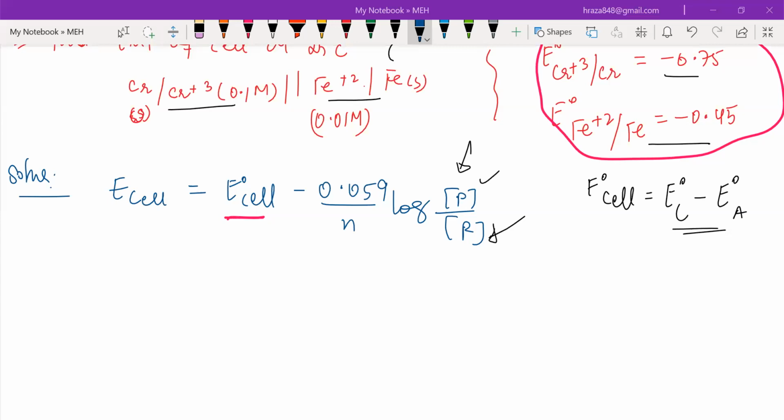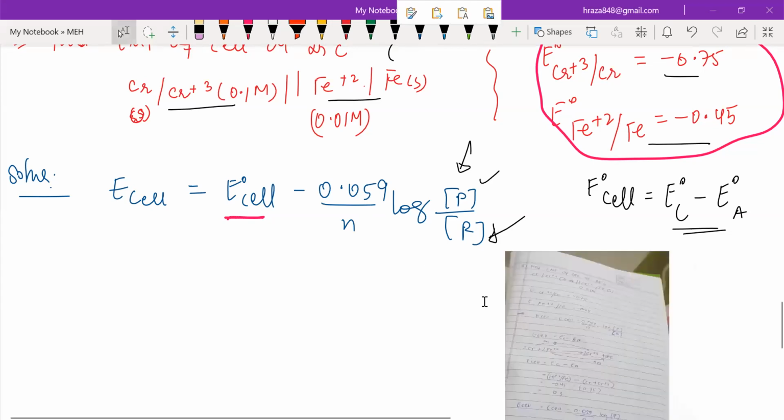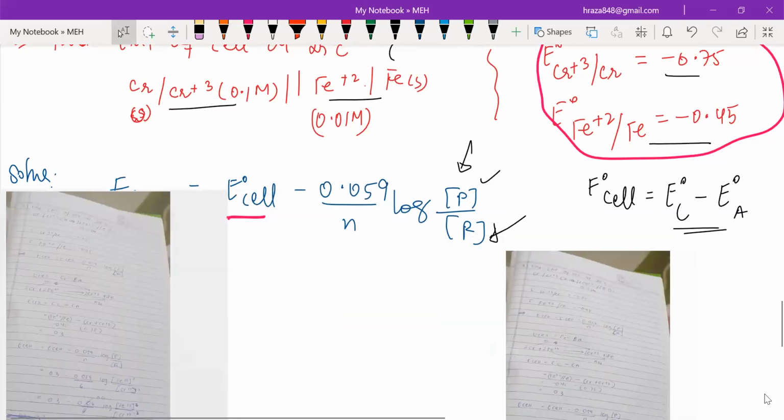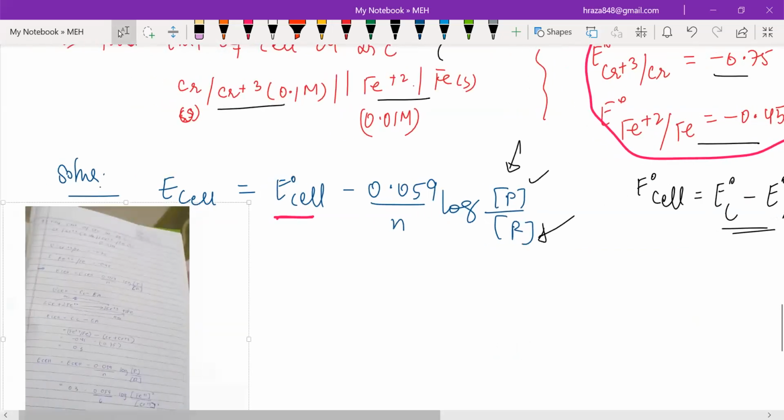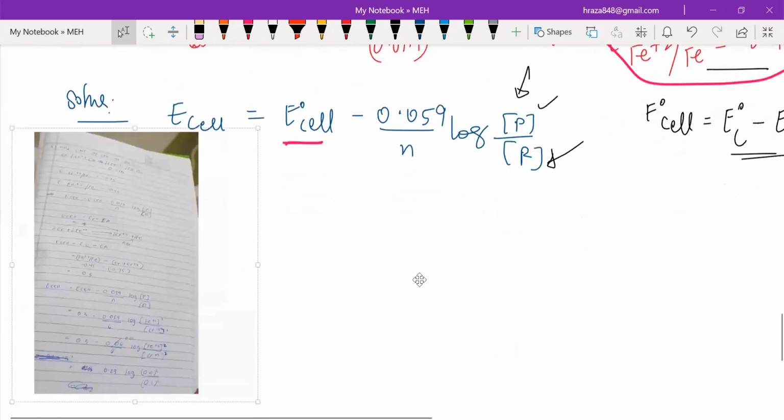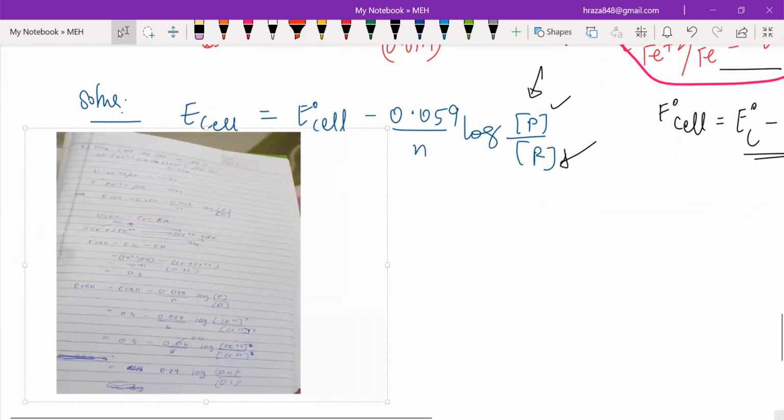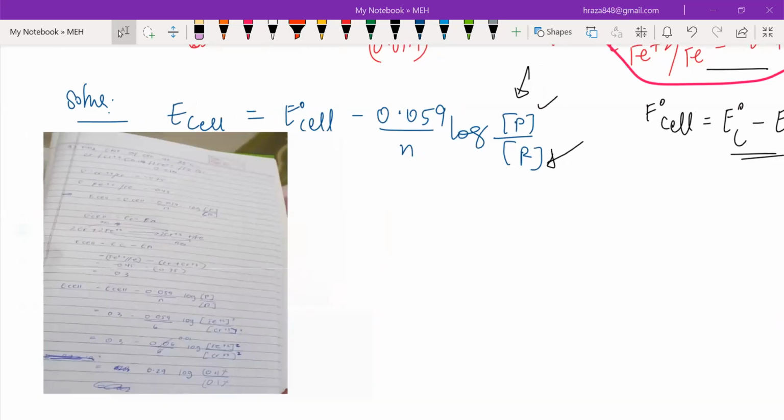What is your answer? The final answer is not in this, right? Sir, I sent the final answer. Minus 0.58 is your answer, right? So again, the same mistake, I think.